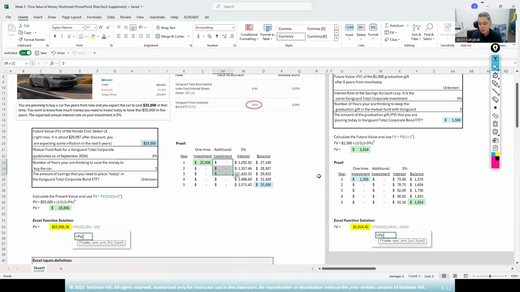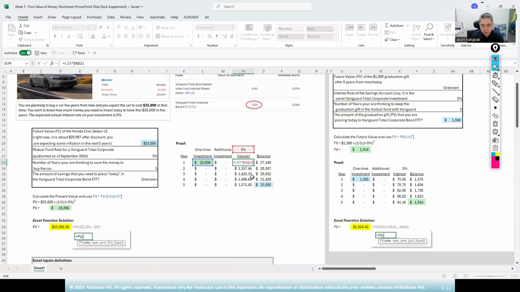I start with 25,856. There are no additional investments because it's only a single transaction. Now I multiply by 5% to get the interest, and then I have the balance. I just add across: the initial investment of 25,856 plus the interest at 5% that you earn at the end of the year, which will be 27.